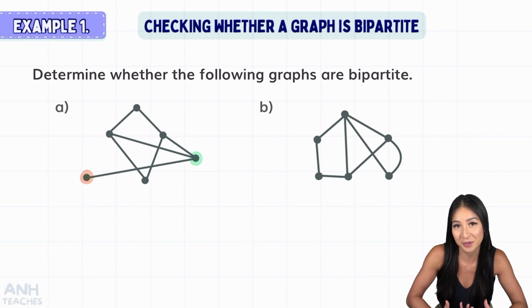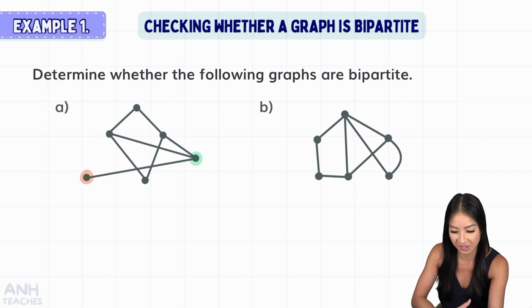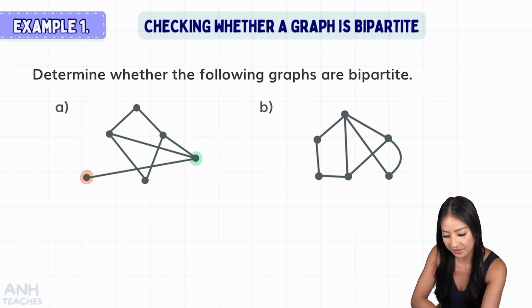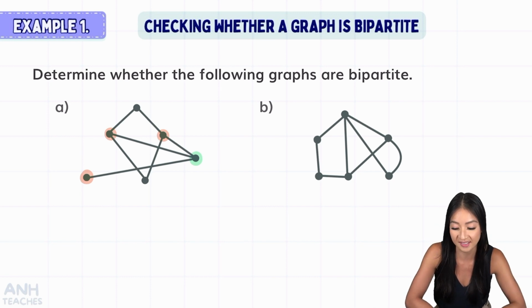Next, I'm going to repeat the process. So any vertices that are adjacent to this green one now need to be coloured in orange. So I've got this vertex here, and the one that I initially coloured in already.